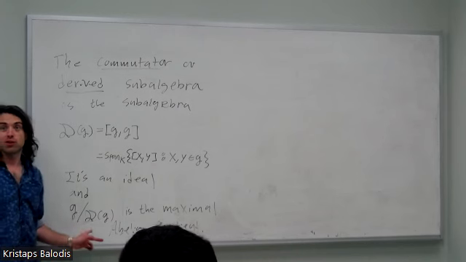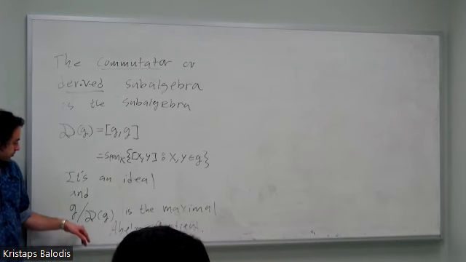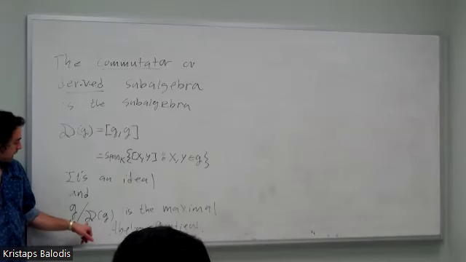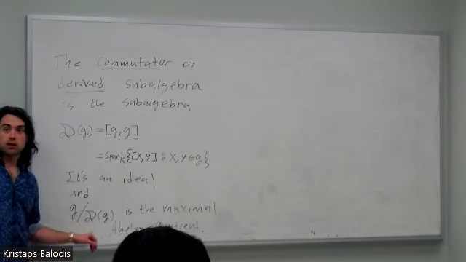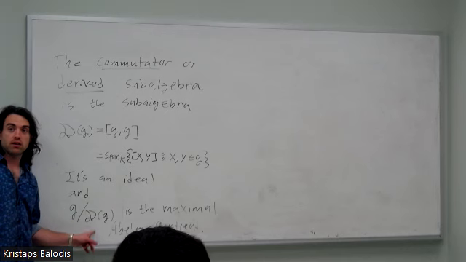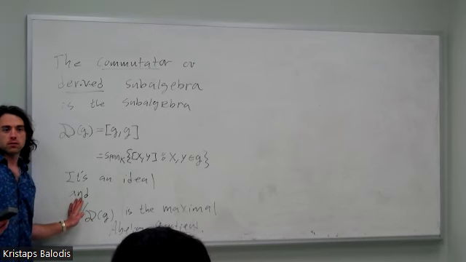So we kill off all the interesting things, and not only that, but the thing to convince yourself is this is going to be the biggest quotient you can possibly find, which is to say that another way to say it is this ideal is the smallest ideal that you can take so that the quotient is abelian, right?